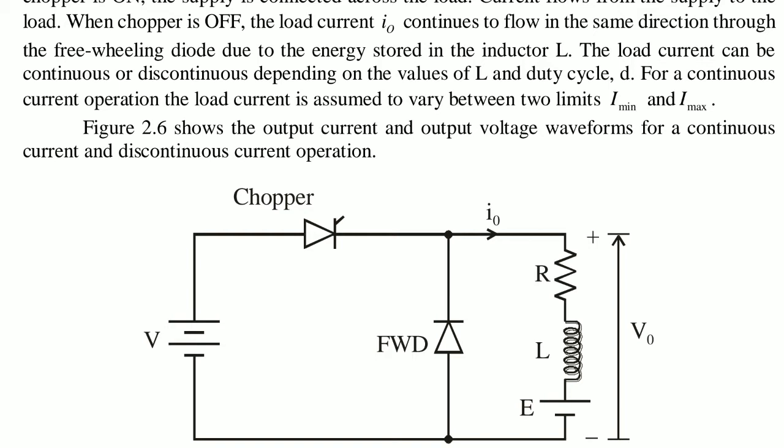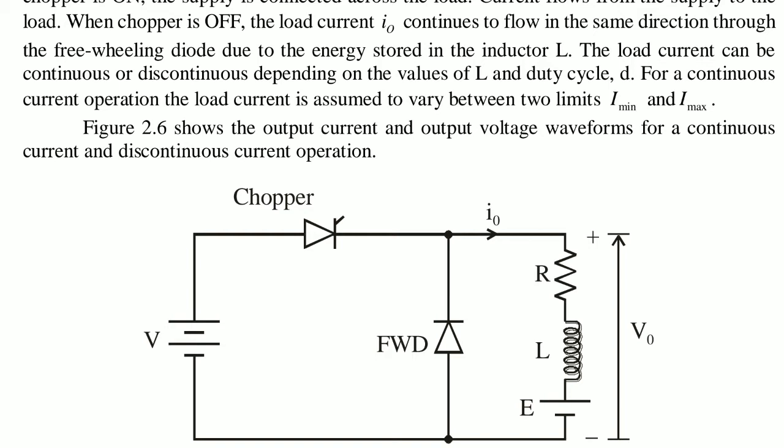This load current can be continuous or discontinuous depending upon the value of L and the duty cycle D. So depending upon the turn on period of the switch, which is the chopper, and the inductor value, these two parameters will decide whether the output current will be continuous or discontinuous.